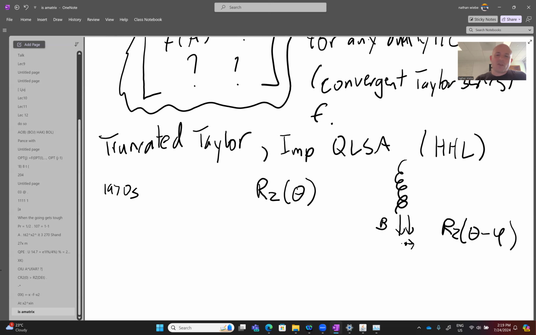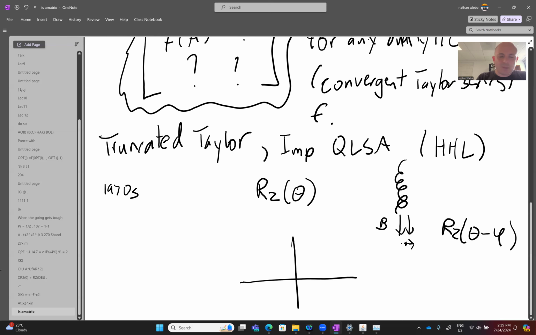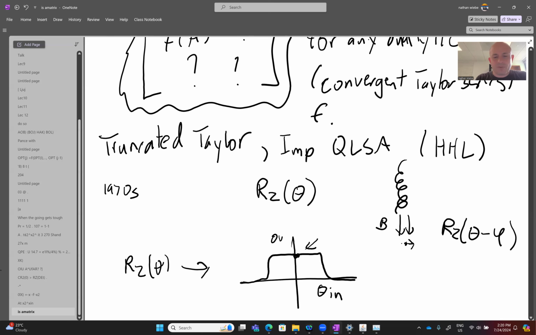So the question is, is it possible that we could build a sequence of pulses to put through here to make it robust, i.e., to make a transformation that takes RZ theta in and maps it through a following type of transformation, maybe something like this, where for input angles near the top, the function of the output versus the input is essentially static up here.